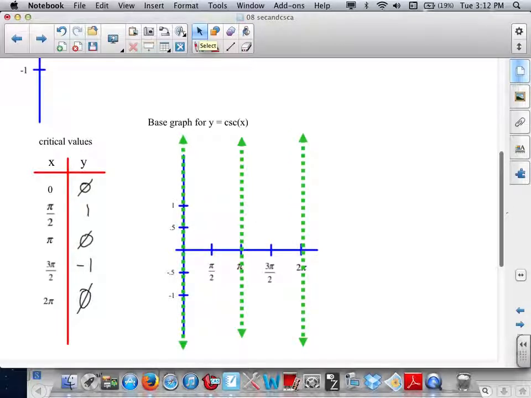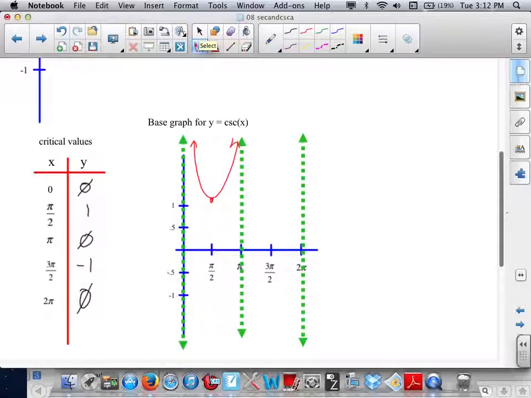Where our asymptotes are. Okay, pi over 2 is 1, parabola the points up. 3 pi over 2 at -1, parabola the points down. And that's one complete period. All right, let's list the domain.